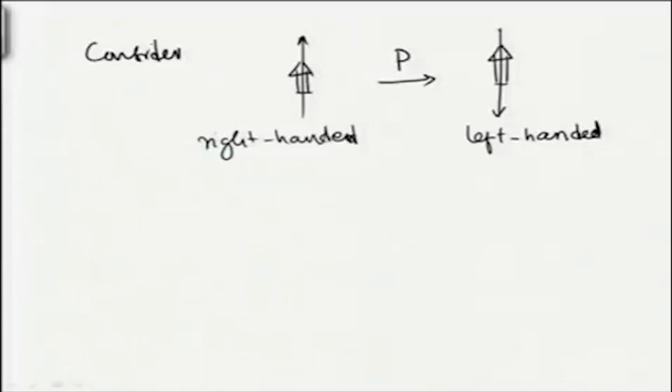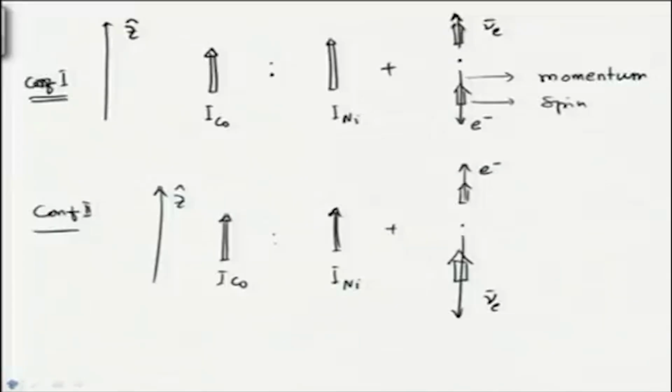In an experiment, what it means is that if parity is a good quantum number, a good symmetry of the system as a whole, including the interactions, then if configuration 1 happens, the other possibility, configuration 2, is obtained by applying parity on configuration 1.